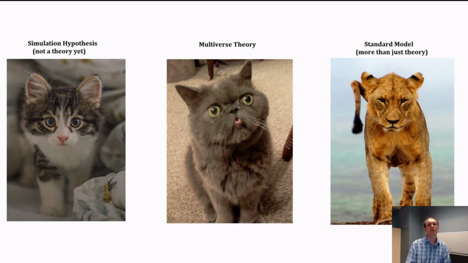But it also can turn out to be just a patch, band-aid work. It's also possible, and we just don't know at the moment. And then there is this young simulation hypothesis, not even a theory yet. It's a small little cat, because we don't even qualify it as a theory. We don't have rigorous mathematics behind it to prove it.